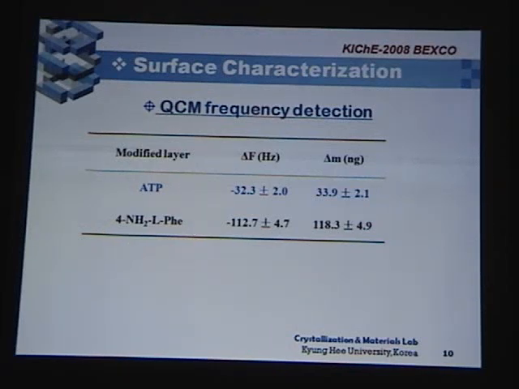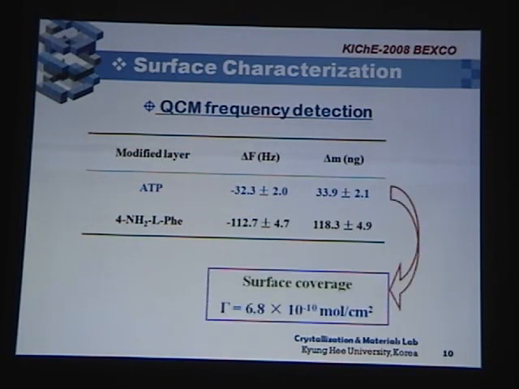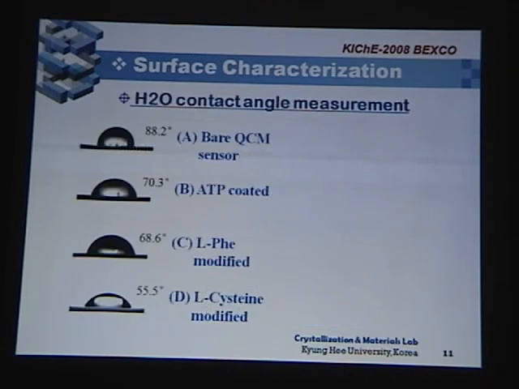This reflects that the ATP and the alpha-phenylalanine were modified on the sensor surface. After ATP modification, the frequency decrease is 32.3 Hz, corresponding to 33.9 nanogram of ATP coated on the sensor surface. Translated to a surface coverage, it is 0.68 nanomole per square centimeter.